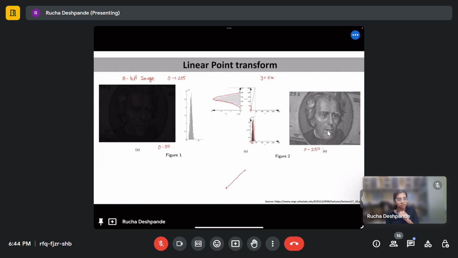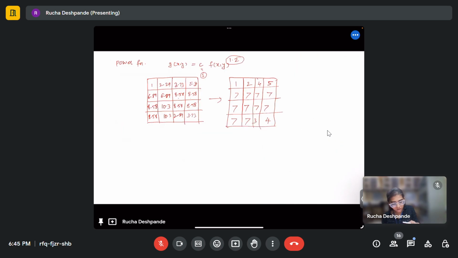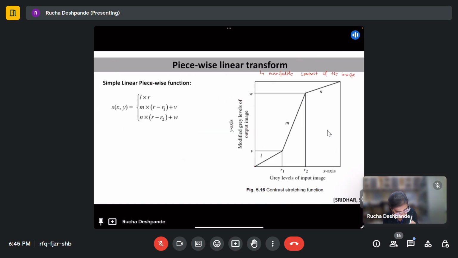So if one dn value is getting stretched 5 times, all the values will get stretched 5 times. So here in piecewise linear transform, what we do is we split the dn values into different ranges.